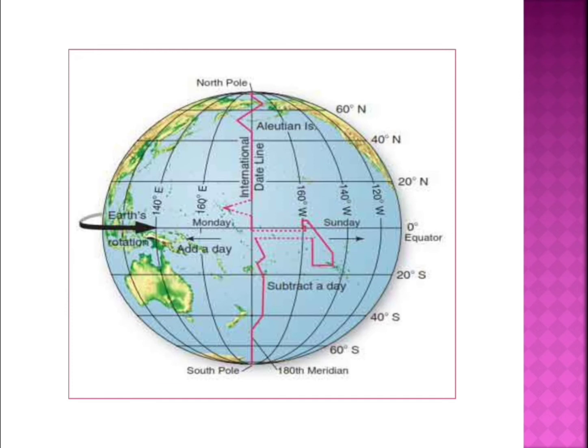So to avoid this confusion, they have made the international date line in a zigzag manner, so that it does not pass through any country. It doesn't completely pass through any country. It is in a zigzag way. Children, so these are the two important longitudes: prime meridian and international date line.